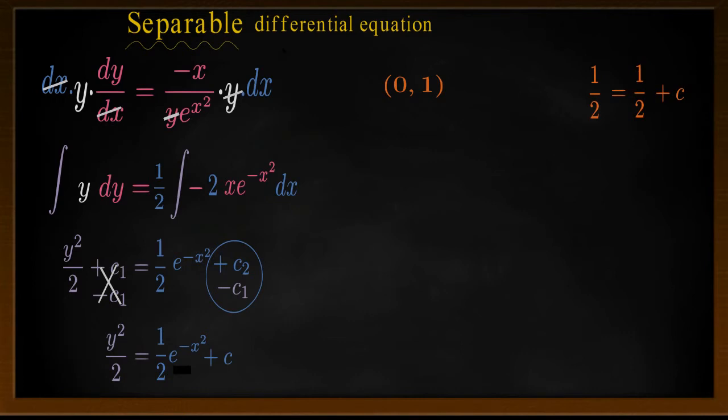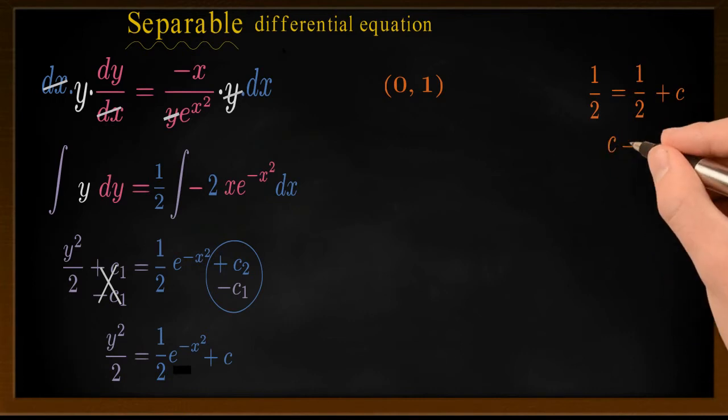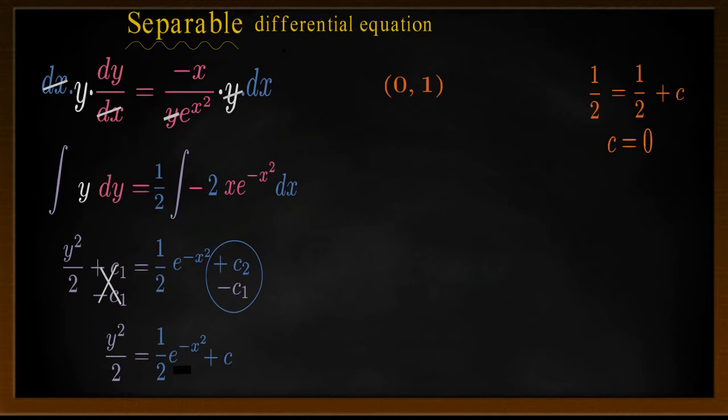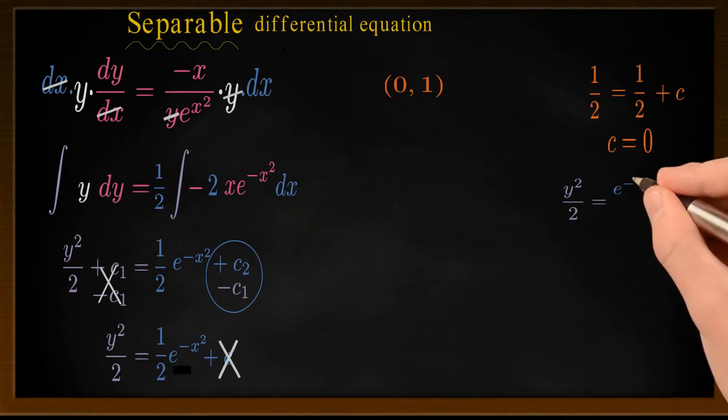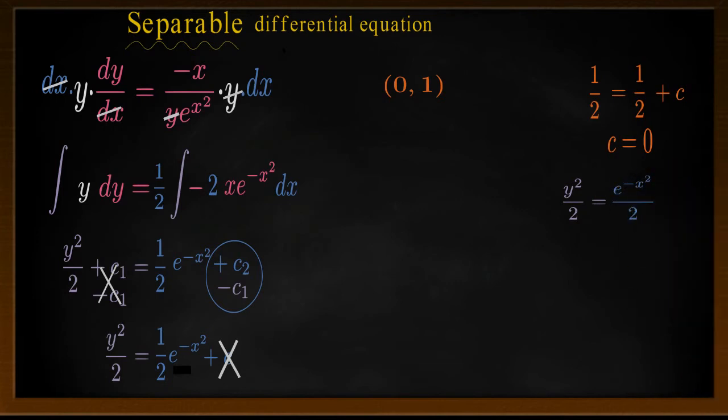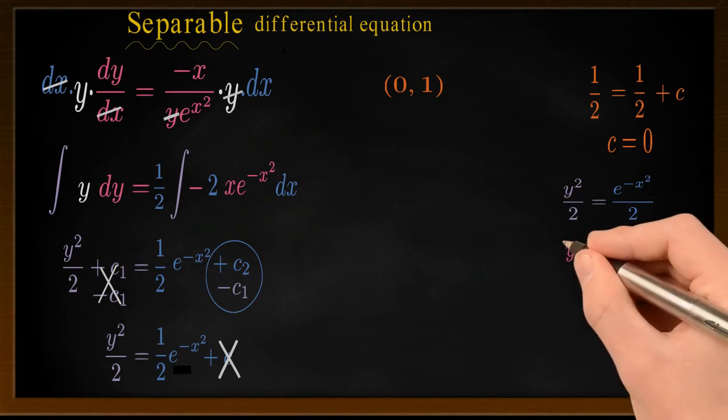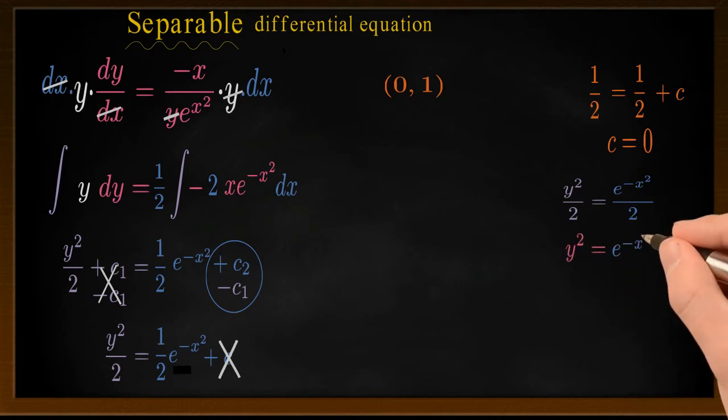And just like that, if you subtract 1/2 from both sides, c is equal to 0. So the relationship between y and x that goes through this point, we could just set c equal to 0. And so we are left with y squared over 2 is equal to e to the negative x squared over 2. Now we can multiply both sides by 2, and we're going to get y squared is equal to e to the negative x squared.